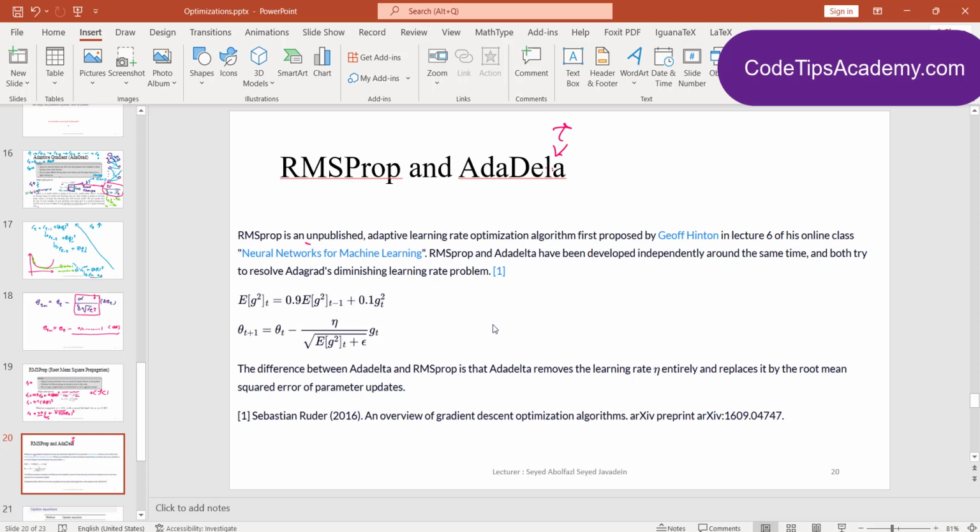AdaDelta is very close in concept to RMSProp. The only difference is that AdaDelta removes the learning rate entirely and replaces it by the root mean square error of the parameters update. This is the paper that Sebastian Ruder suggests for AdaDelta.